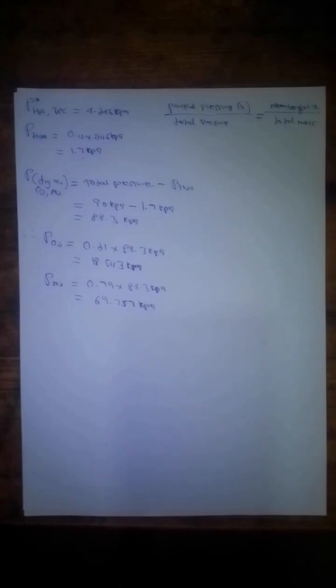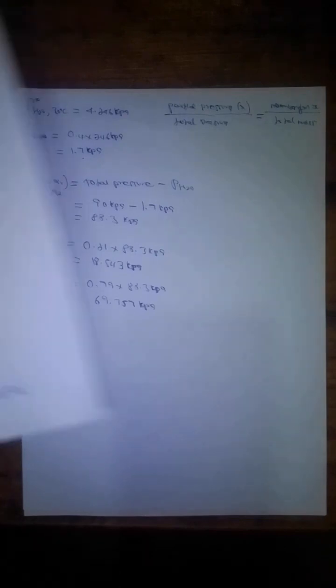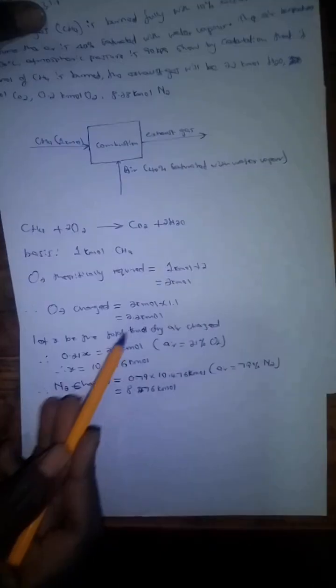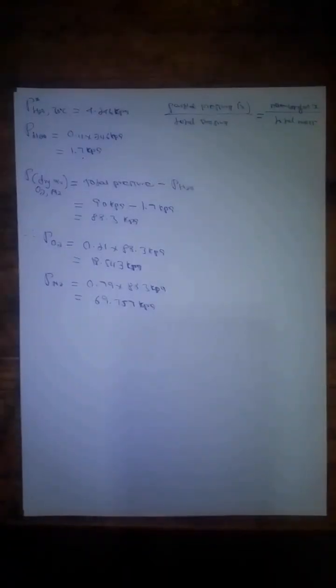We don't really have the mole fraction of oxygen, but we can calculate the pressure fraction of oxygen and use it as the mole fraction, along with the total amount of oxygen that was charged, to be able to calculate the total amount of the wet air. And from there it's going to make it easy for us to get the water vapor.